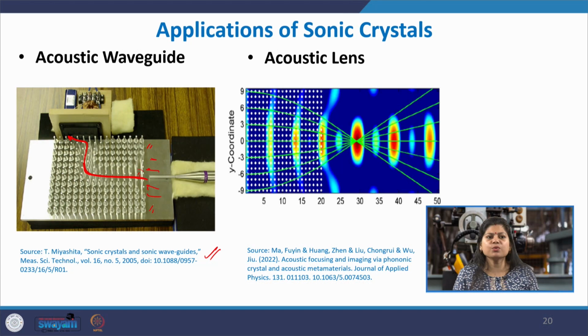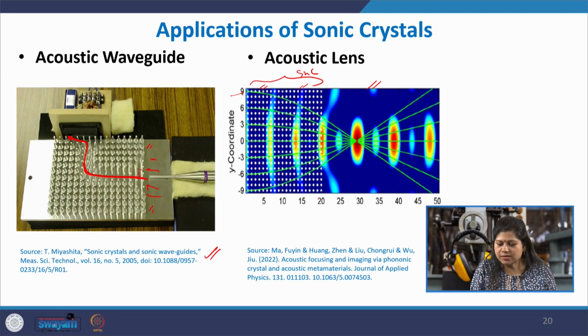It can also be used as an acoustic lens to focus the sound waves. This shows a typical contour where the sound waves are first hitting this sonic crystal array. This is your sonic crystal array, and slowly they are getting focused in this small zone at this particular distance, okay, and the focusing is happening.